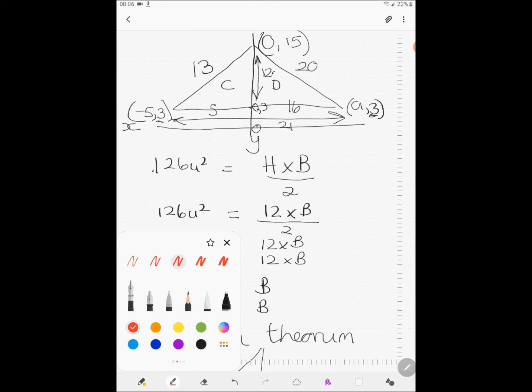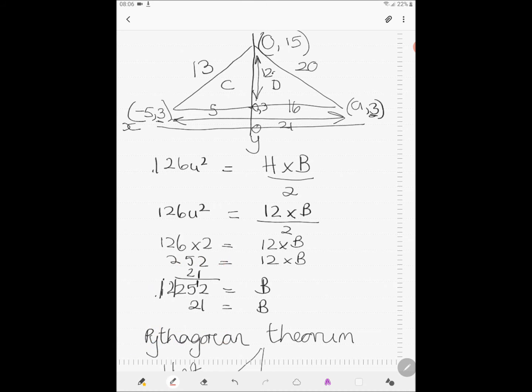Right. Just so I can show you what I'm doing now. The question asks for the perimeter. So we've done all of that work just to get to the value of all the sides. So I know that this base here is 21 because I worked out the total. So I've got 21.